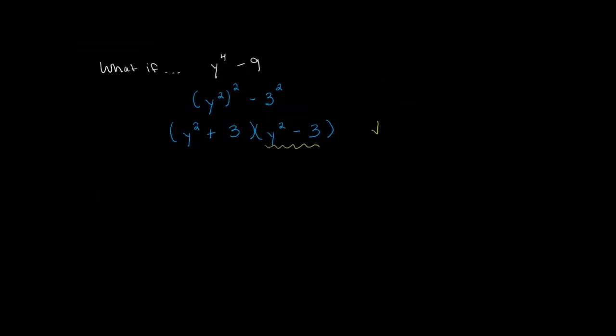But in this example, the square root of 3 is a decimal that I do not have memorized. It comes out to 1.7, with lots of decimal places. So the square root of 3 is not a whole number, so that is not a difference of squares, and we can't factor it further.